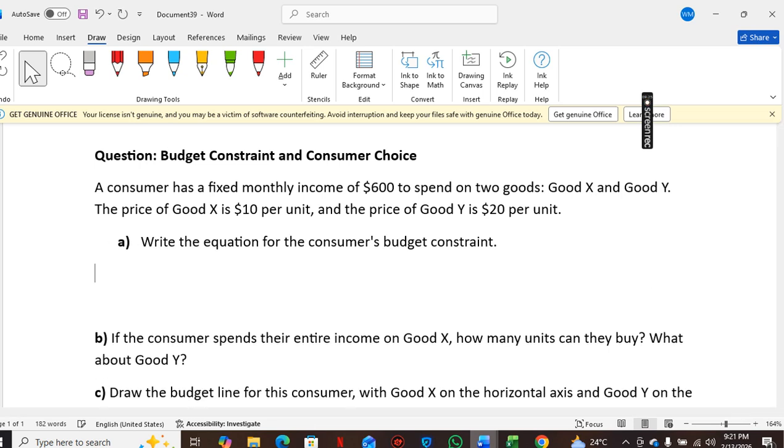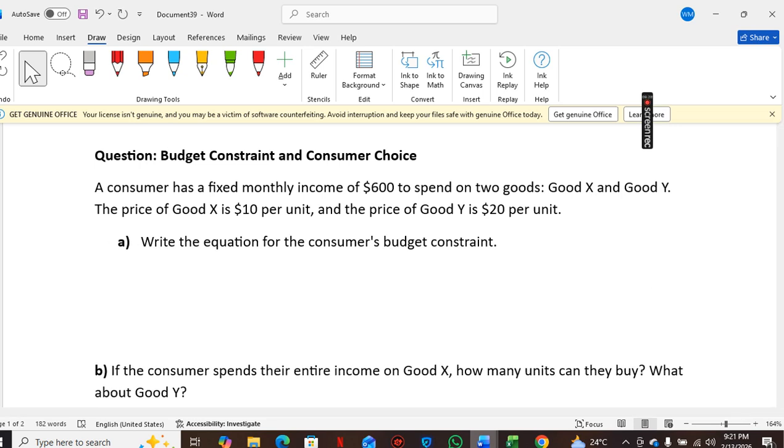So as I said, the concept is you can only buy 2 goods and you've got a certain amount of money.